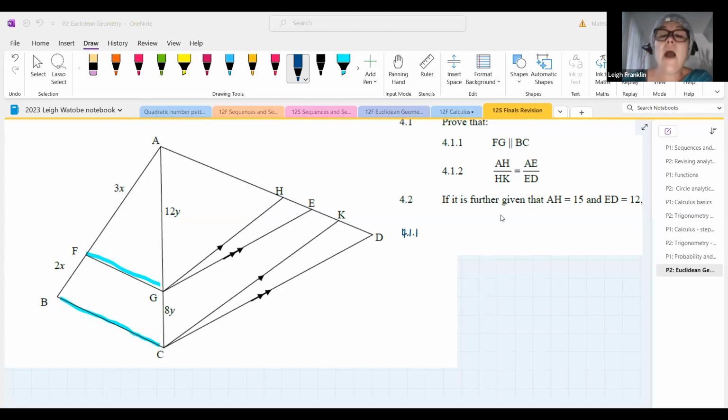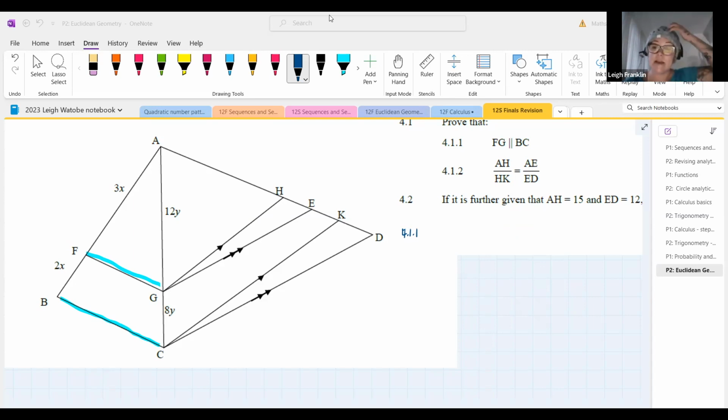So how else can we prove that lines are parallel, if we can't work with angles? We can't work with alternate angles that are equal or corresponding angles that are equal. We've got to use something else, something from our matric syllabus. Equiangular triangles? But if we don't know anything about the angles, then we can't prove equiangular triangles in this case.